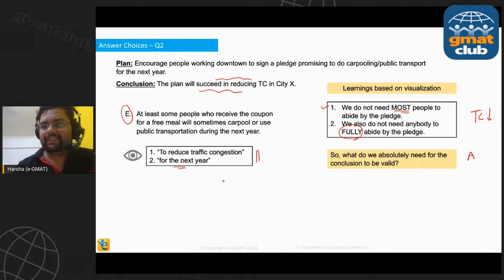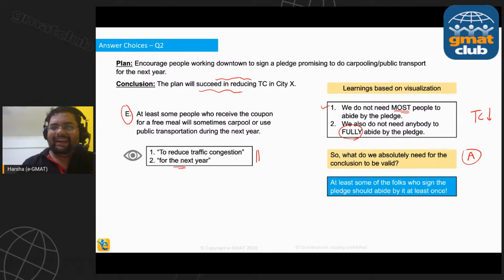Because that's what we call an assumption, right? At least some of those people who signed the pledge, at least once, should abide by the pledge, or in other words, at least once they should do carpooling or public transport in the entire next year. In those 365 days, if at least one of those people does that, you will see a reduction in traffic congestion.